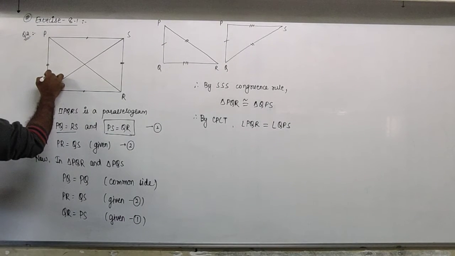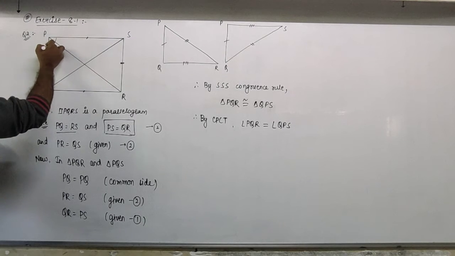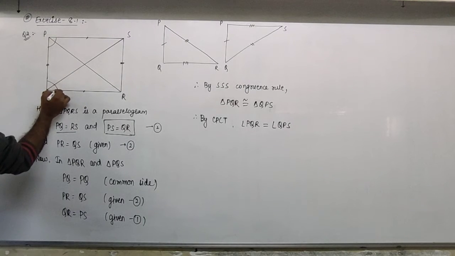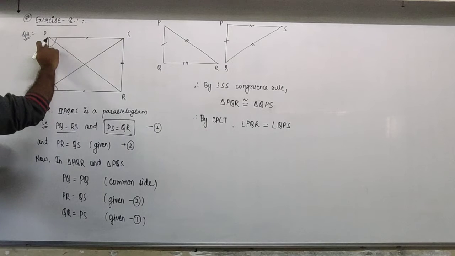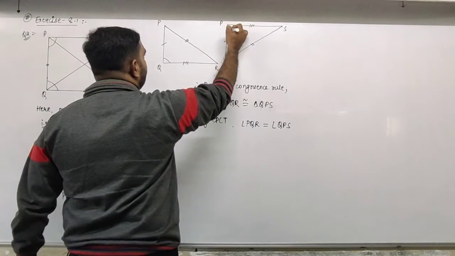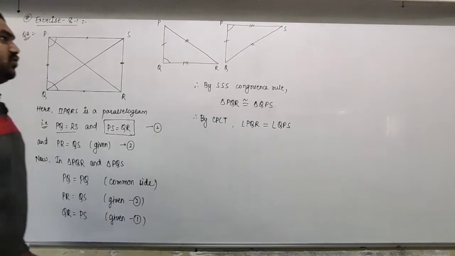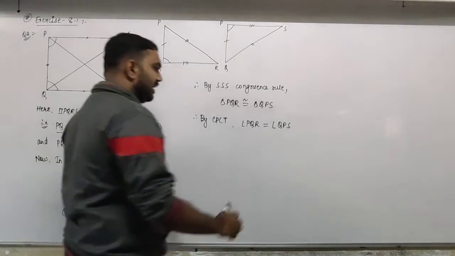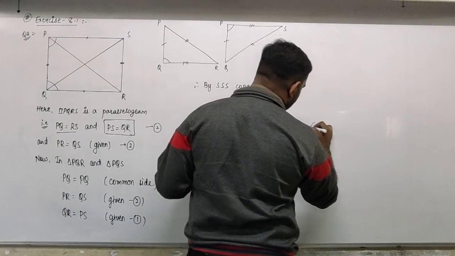Which two angles? These two angles PQR and QPS. Thus both the angles are congruent. That is result number 3.